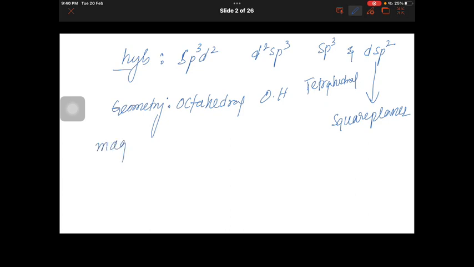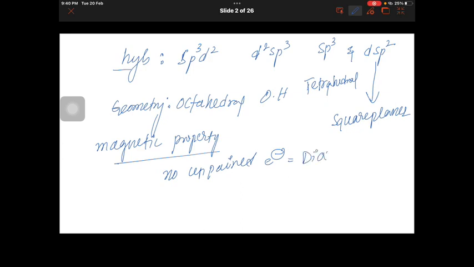Magnetic property: if there are no unpaired electrons, it is diamagnetic. If it contains unpaired electrons, then it is paramagnetic.